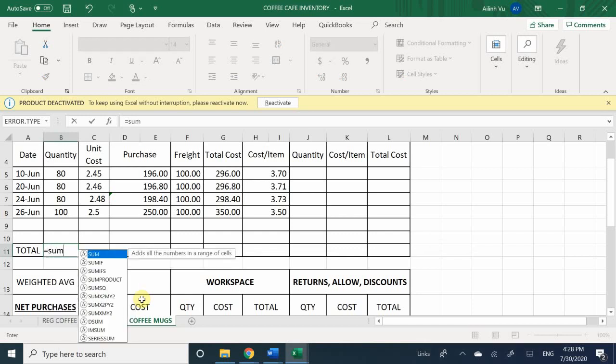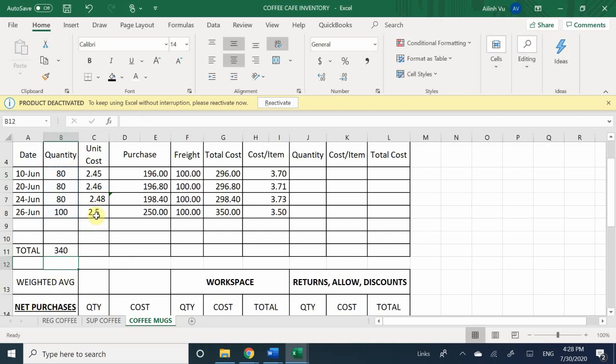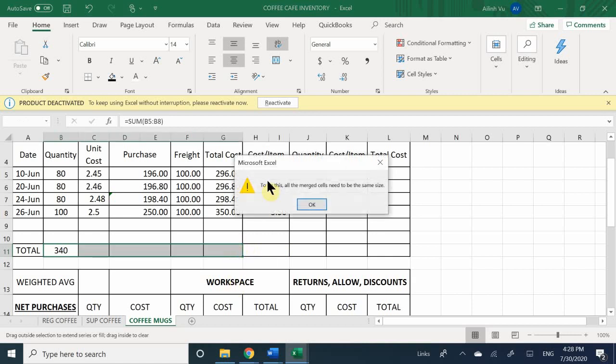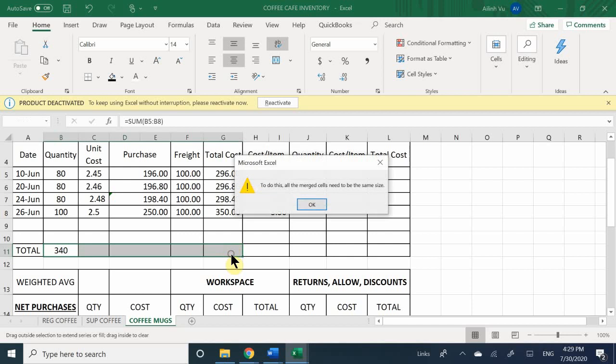Let's see, that's 80, 25, 10, 80, 100. Oh, you got 340. Okay. 40. Oh, the freight's 400.